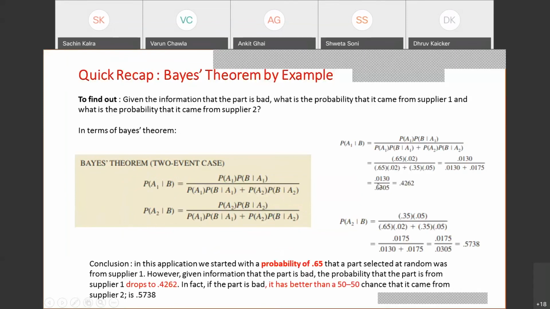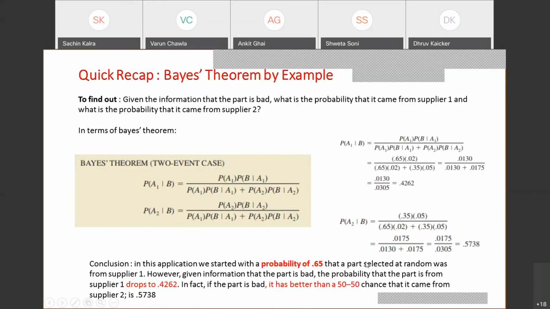After applying this formula using Bayes theorem, we get that the part is bad and it's coming from supplier one is 43%, and the part is bad and it is coming from supplier two is 57%. So the final conclusion in this application: we started with a probability of 65% that we are ordering parts from supplier one.